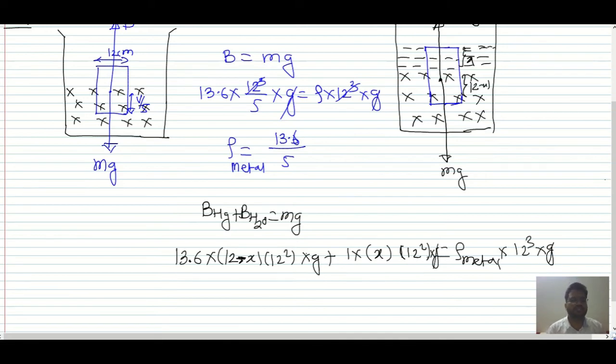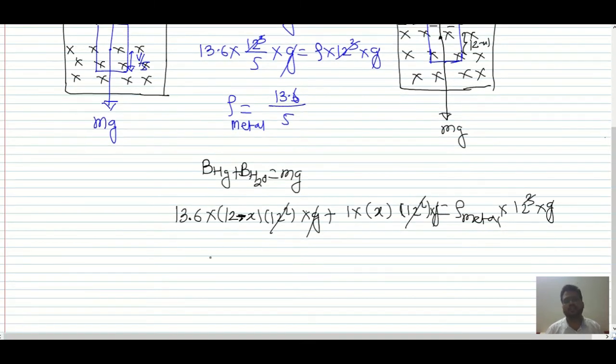So g gets cancelled, 12 squared, 12 cube, 12 squared get cancelled, and we have 13.6 in bracket 12 minus x plus x is equal to density of the metal we have just now found out, and that is 13.6 divided by 5 into 12.